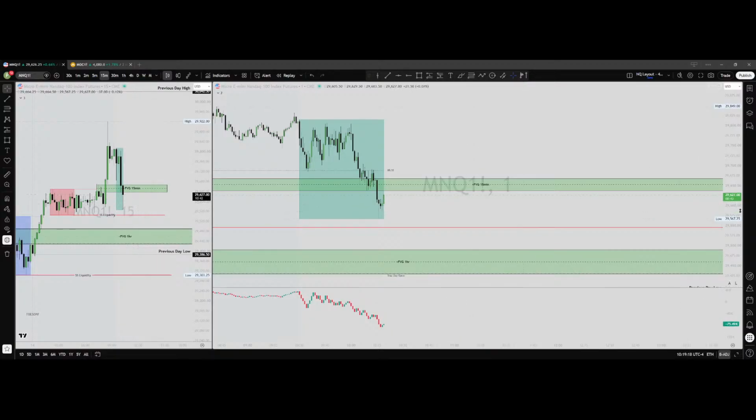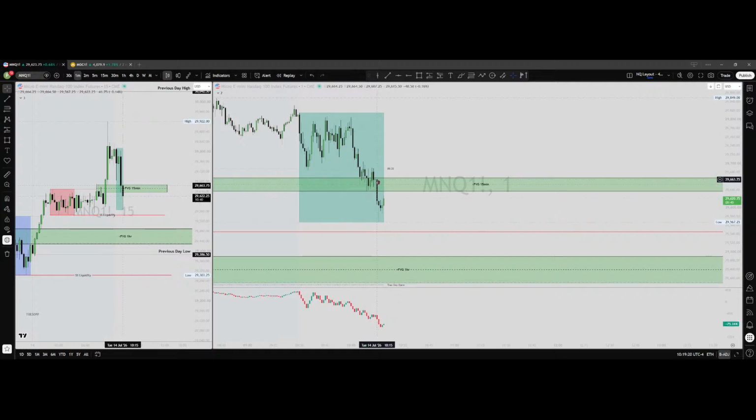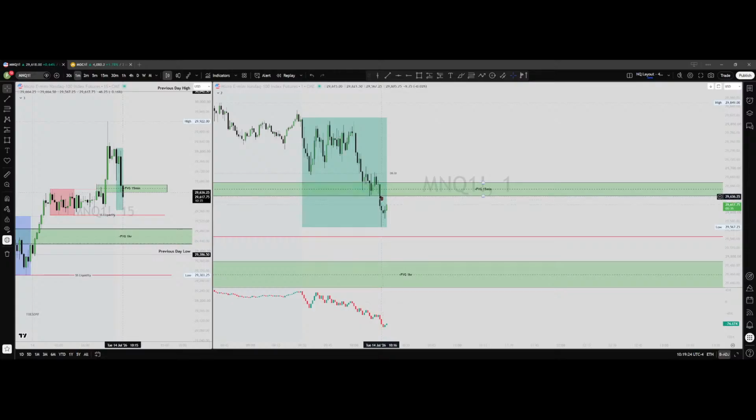Now there is no candle wick here, which means this becomes a buy side liquidity. We have just a fair value gap tapping, coinciding with this order block as well. Current trend is downtrend.